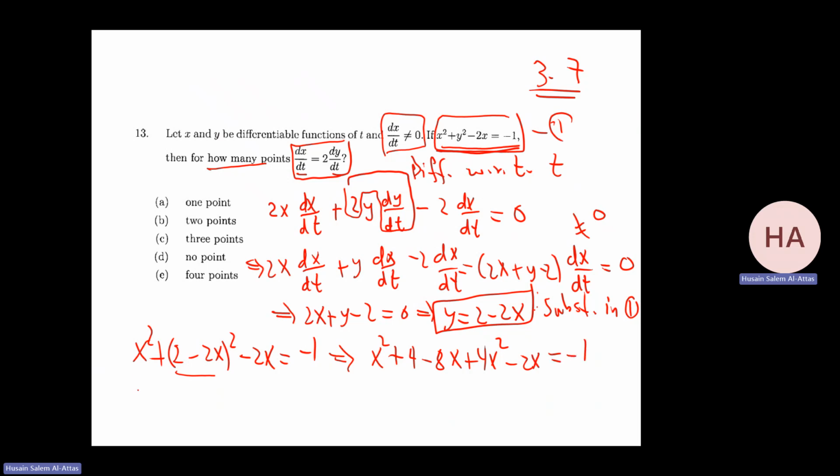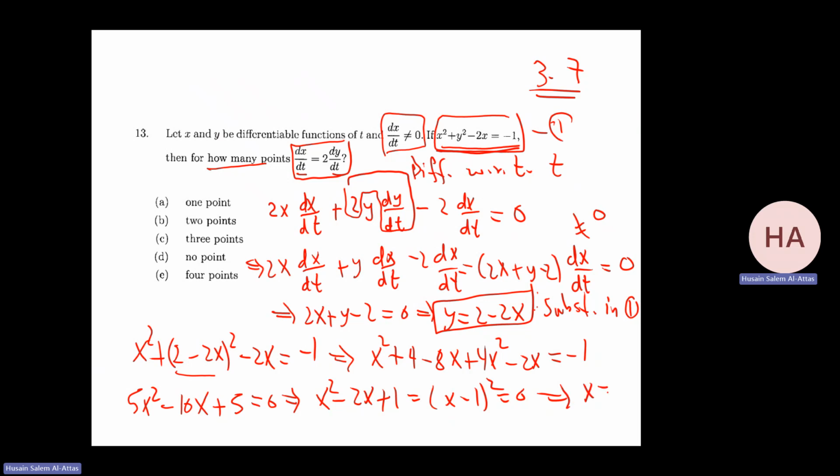So I have 5x squared minus 10x plus 5. Yeah, take minus 1 to the other side, plus 5 equals 0. Divide by 5, I have x squared minus 2x plus 1, which is (x minus 1) squared, equal to 0.